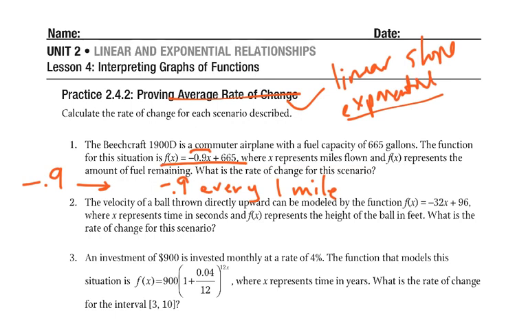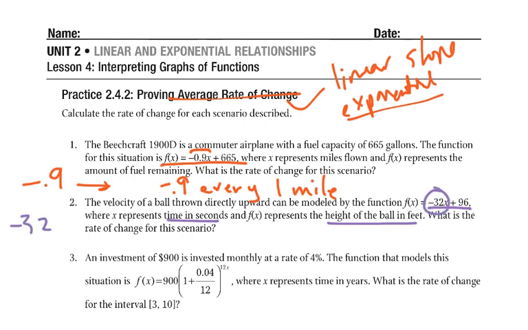Okay, so number 2, the velocity of a ball thrown directly upward can be modeled by the function negative 32x plus 96, where x represents the time in seconds and f of x represents the height of the ball in feet. What is the rate of change for this scenario? Okay, so that negative 32 is our slope, right?